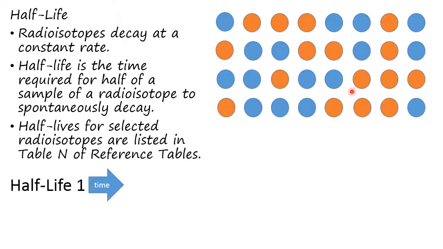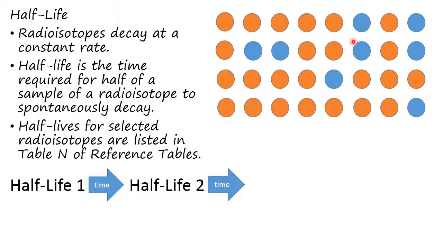And so again, we'll reach a second half-life, and at that point, half of the remaining radioisotopes will have again decayed into a new, more stable nuclei. So now, since we have 16 radioisotope nuclei, half of those will decay, which would be 8. And so now we are left with only 8 unstable nuclei.